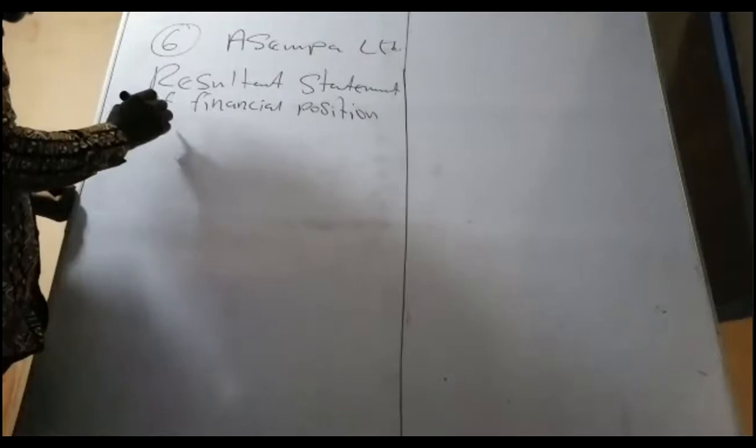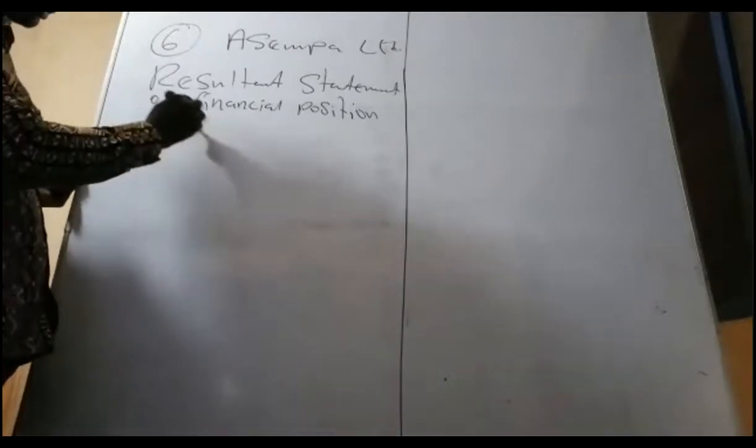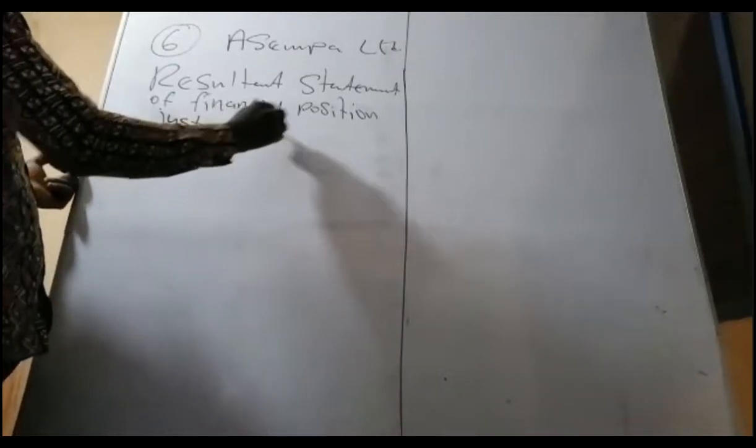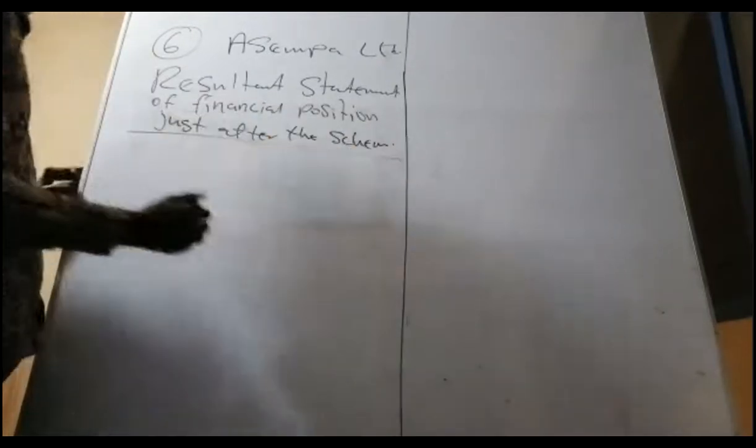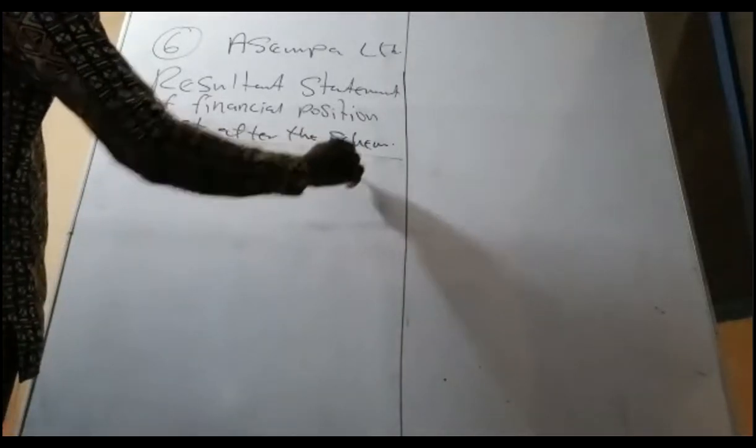No. So financial position just after the scheme. Line it. Don't forget your 3 protocols: currency, division, traders, you bring it there.